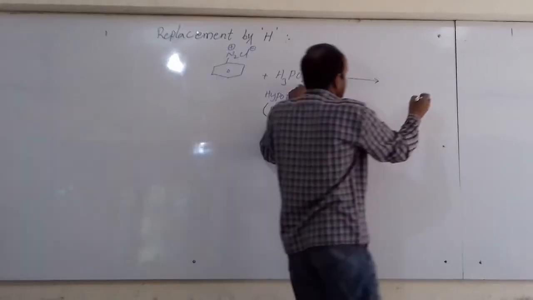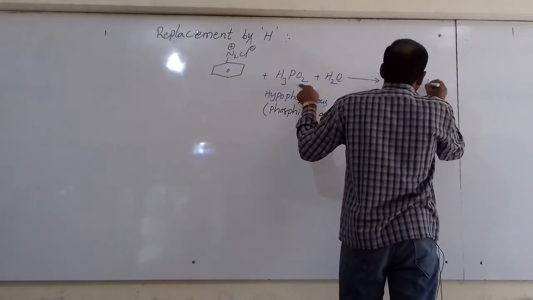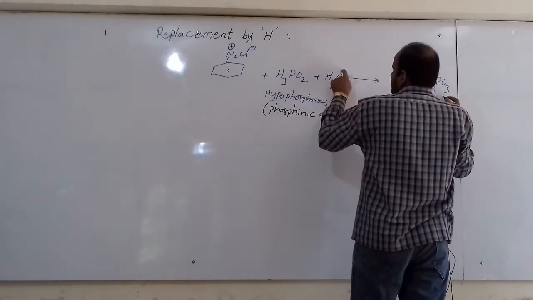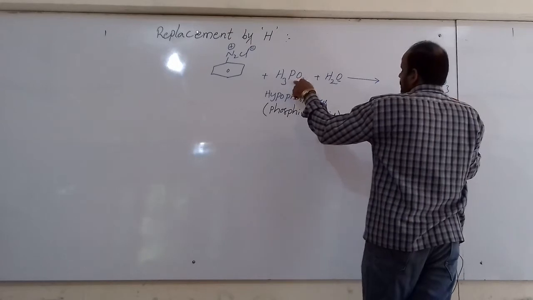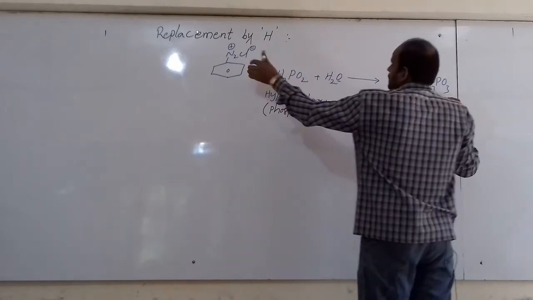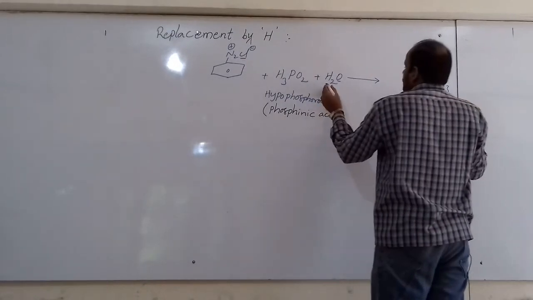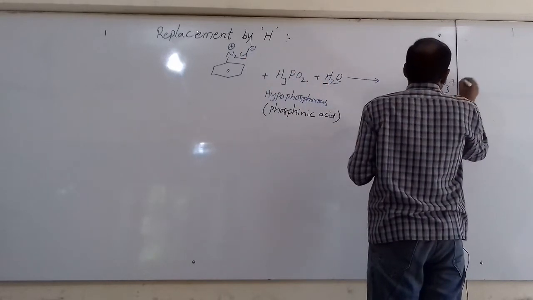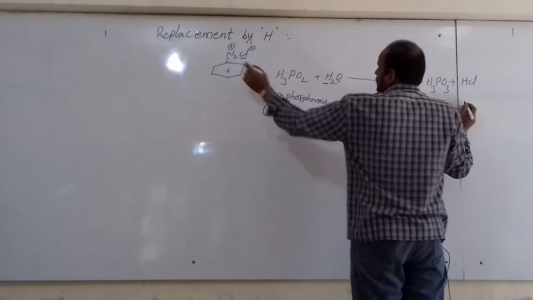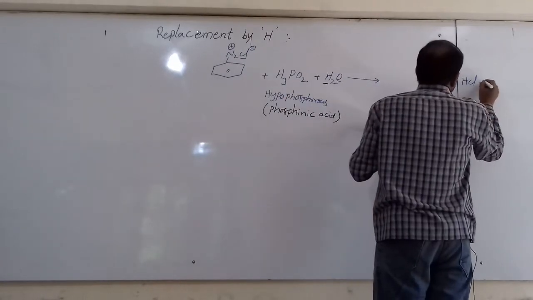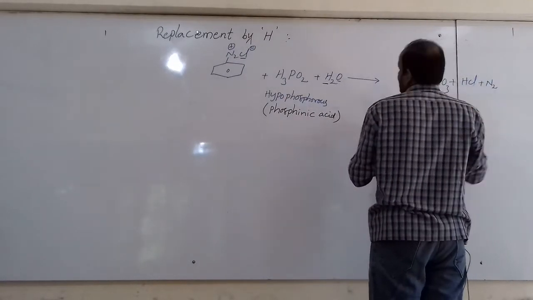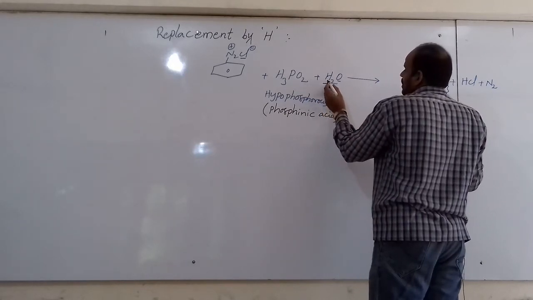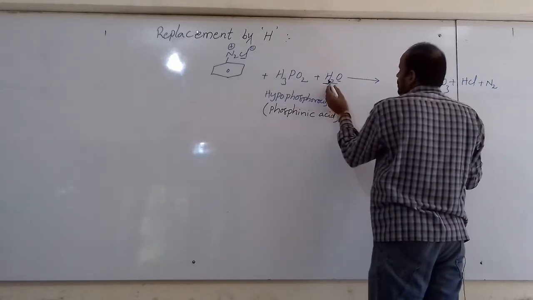It combines with oxygen, that means it becomes H3PO3. This oxygen is combined with this molecule, phosphoric acid. Then here hydrogen and here Cl are removed as HCl. Then this azo group is produced as N2 gas. Then one more hydrogen is there now, out of two. One is combined with chlorine and one more is there.